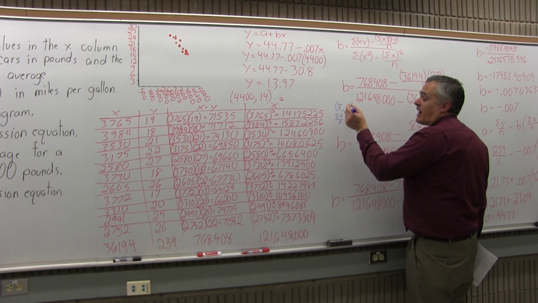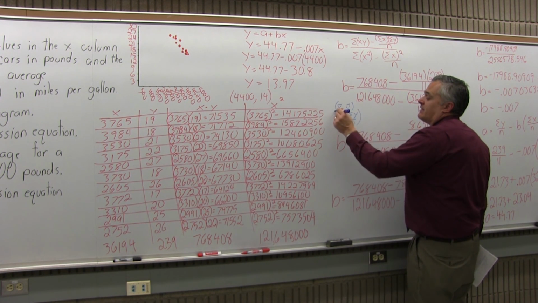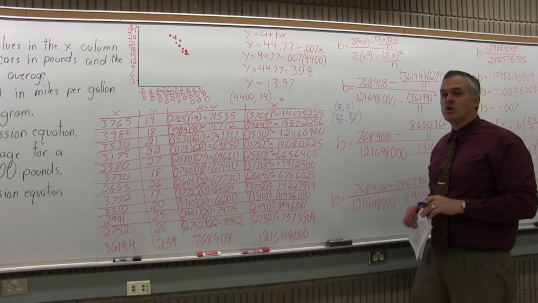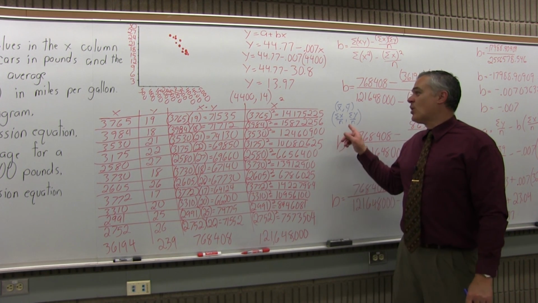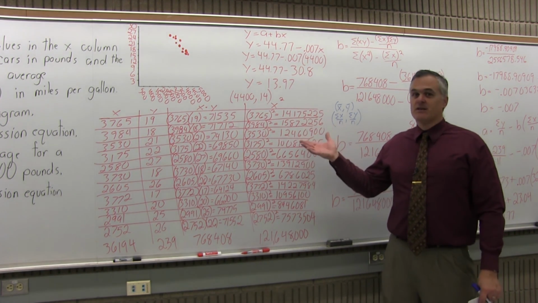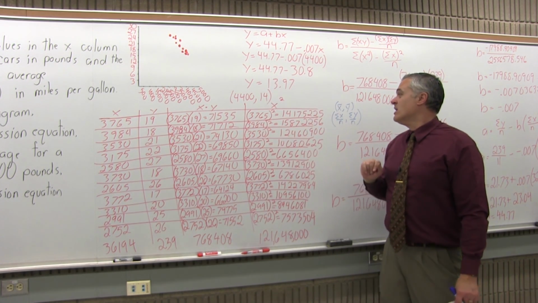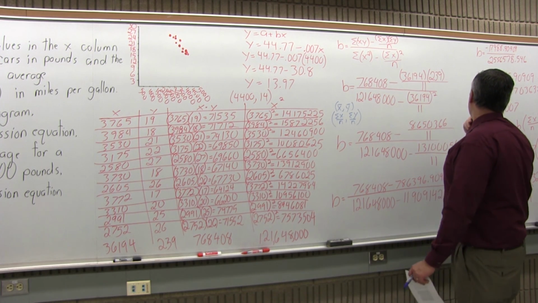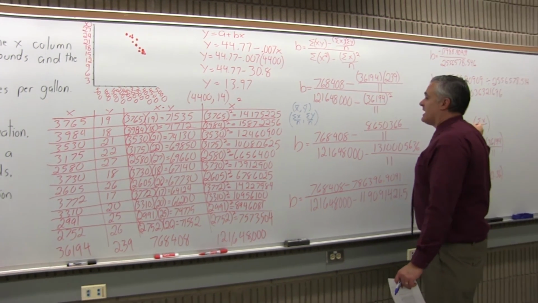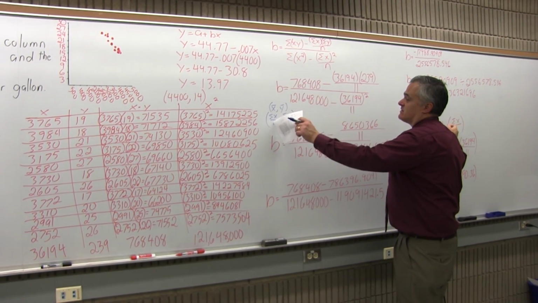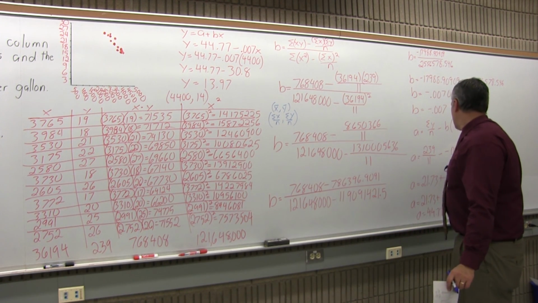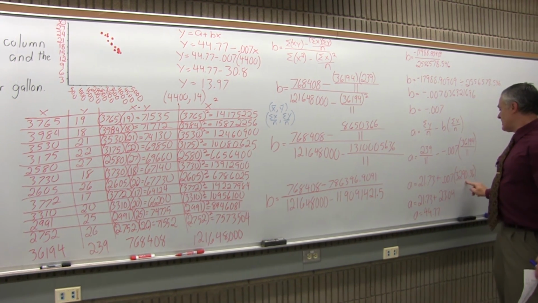The y bar, or average of the y values, total of the y values over n. And if you hadn't already done the computation, that's actually more work than just picking a different point like a 3,000 pound car and finding the gas mileage like we did here. But because we computed a, I happen to have total of the x values over n. It was 36,194 over 11, and we did that work.